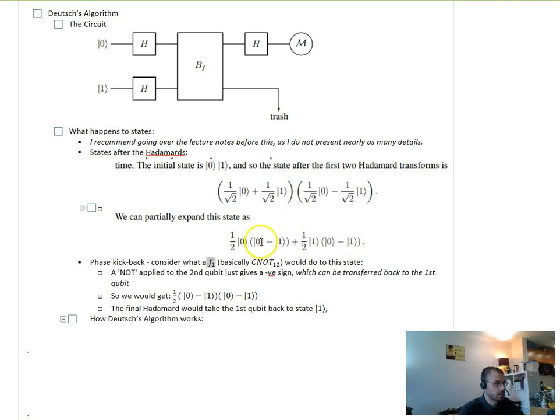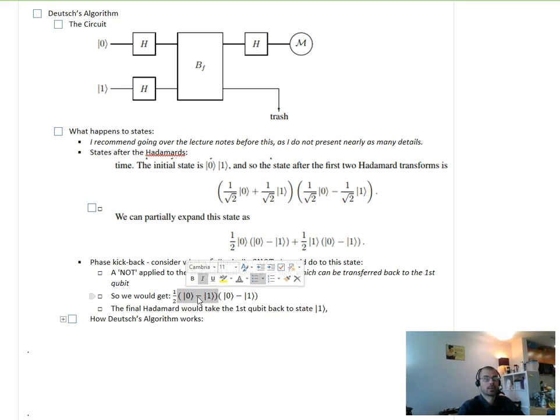These and these stay the same, so we can now factor that out. Okay, so we get that out front, and this now has a negative sign, so we have this. So we're pretty much the same as we were here. I factored out the 1 over root 2's into a 1/2. We're pretty much the same as we started out, except we've got an extra negative sign there, right? Now what happens when we apply a Hadamard to this with the extra negative sign?